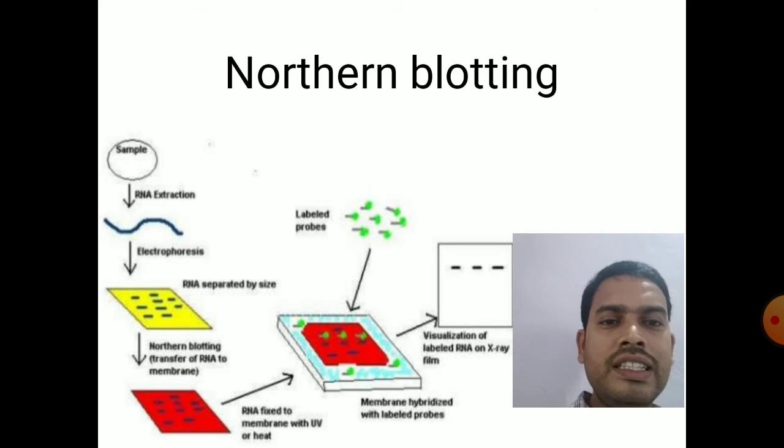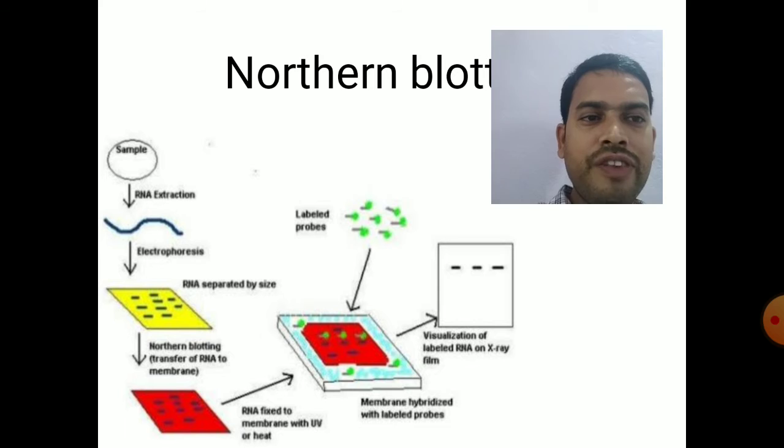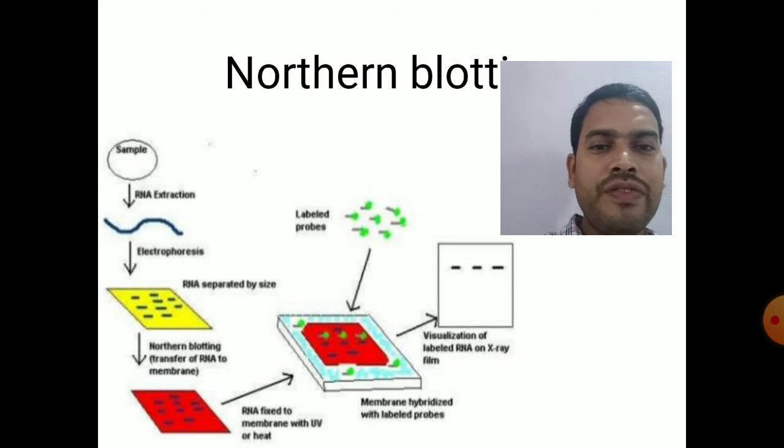Here in this diagram it is shown that mRNA is isolated from the whole RNA extract. So the entire RNA extract, which is obtained from the whole cell lysate, is used for obtaining the mRNA of interest.